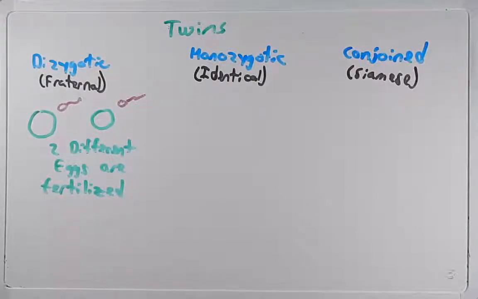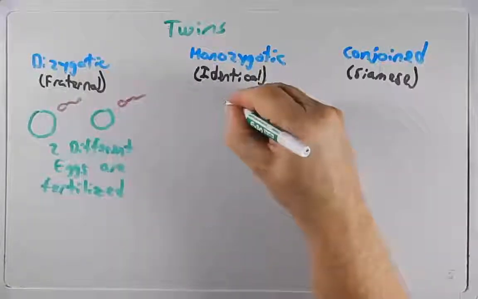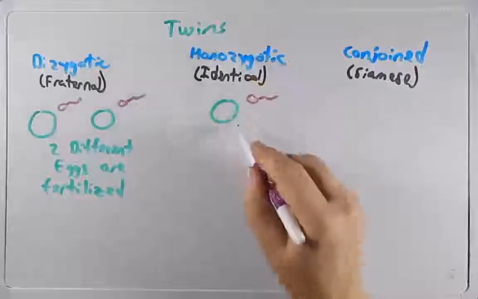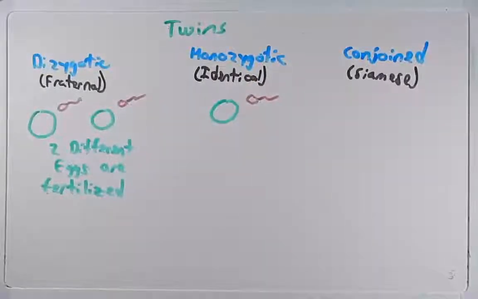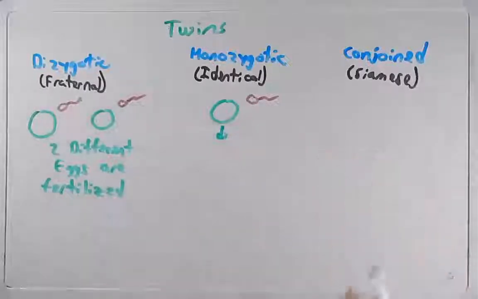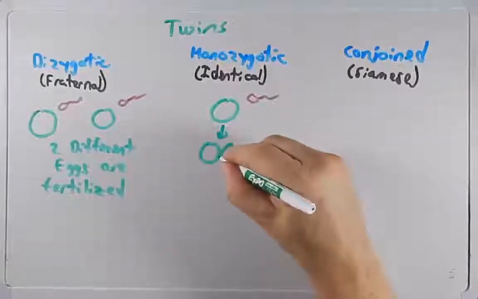Now, there are several kinds of monozygotic twins that we could talk about, but mainly what I want you to know is this: there is a single egg that is fertilized by a single sperm. Mono for one zygote is formed. This fertilized egg will begin to develop as a single embryo.